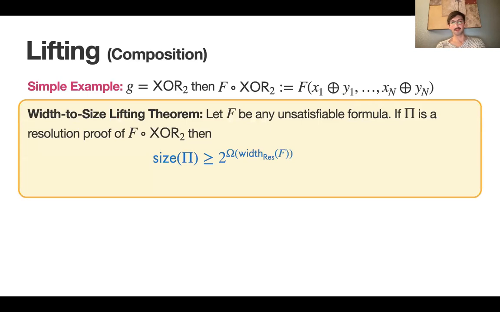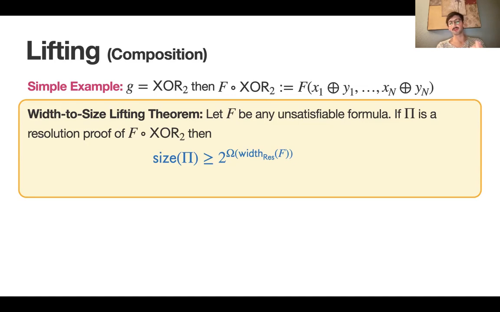And we can prove the following pretty simple width to size lifting theorem. It says that if we start with a CNF formula F, any proof pi of the composed function, F composed with XOR 2, must have size lower bounded by exponential in the width of the uncomposed function.